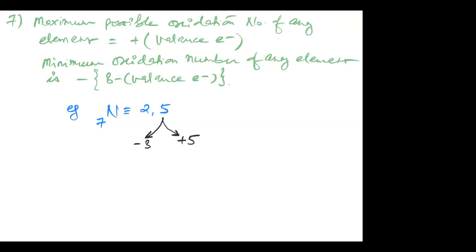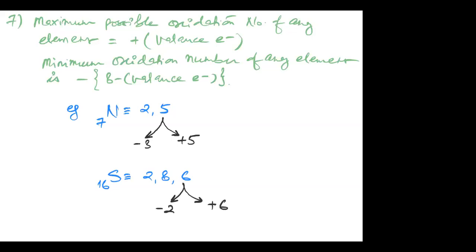Similarly, sulfur is 2,8,6, in which the minimum oxidation number is -2 and the maximum is +6.